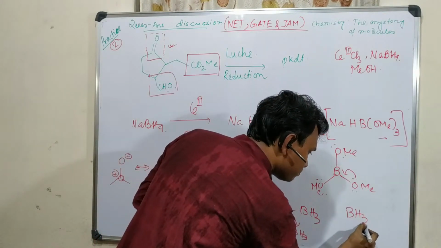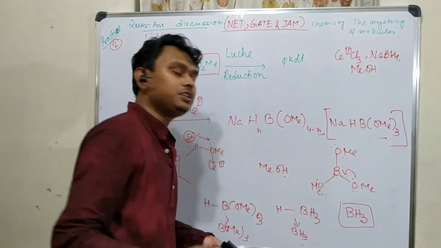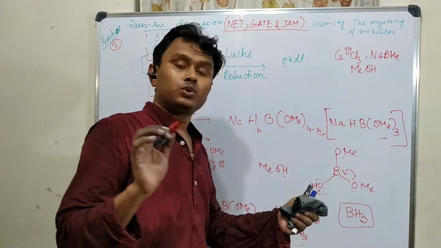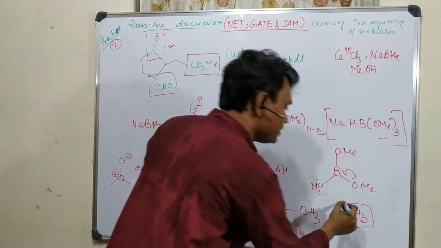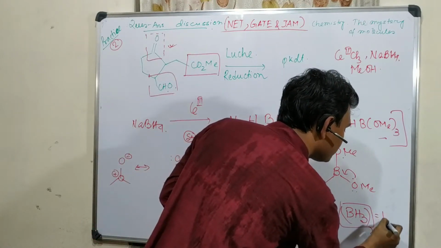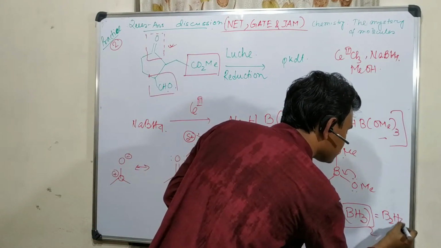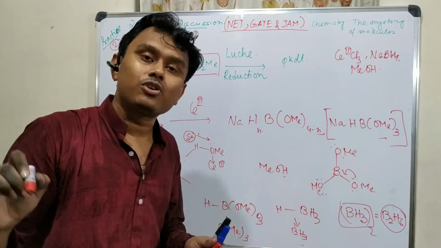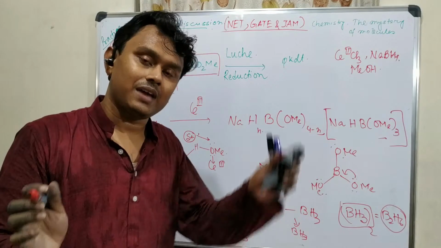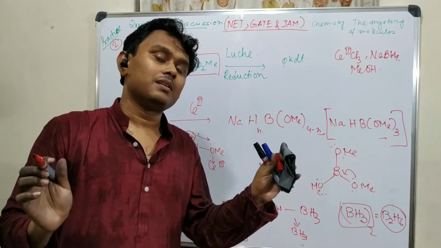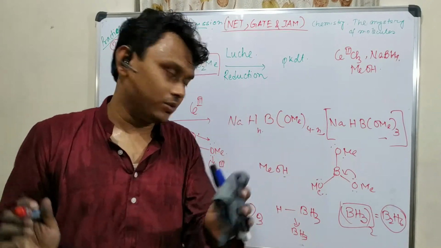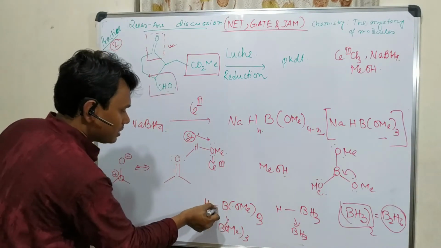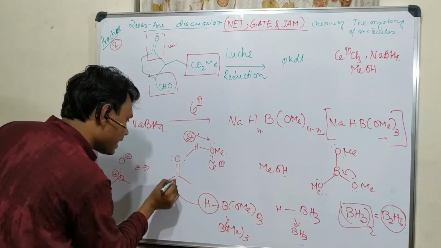What is the real proof of this concept? BH3 is difficult to find, because BH3 remains in its dimeric form, equivalent to B2H6, where boron has two bridging hydrogens with three-center two-electron bonds. I have explained this in my B2H6 or diborane video. So this pushes more, and the hydride attacks here.